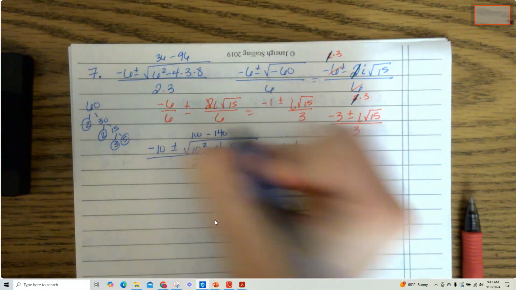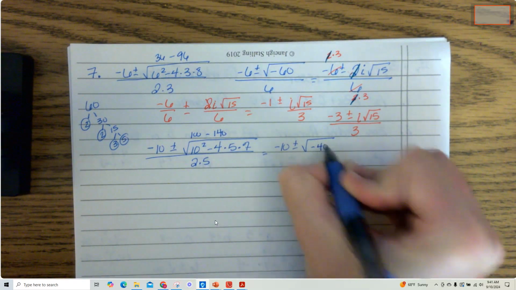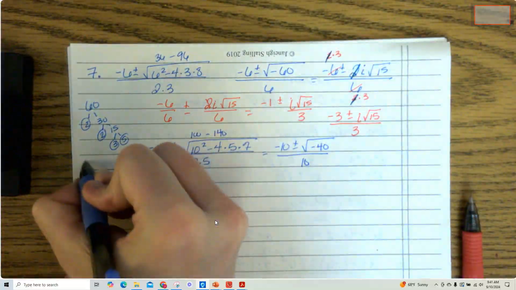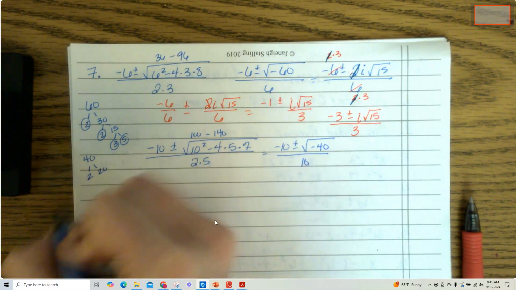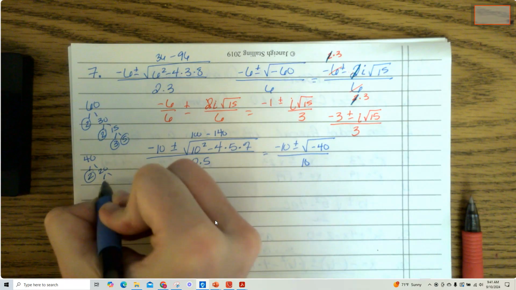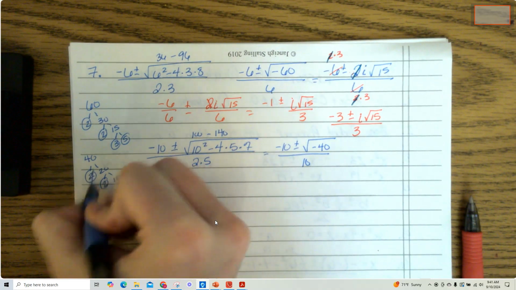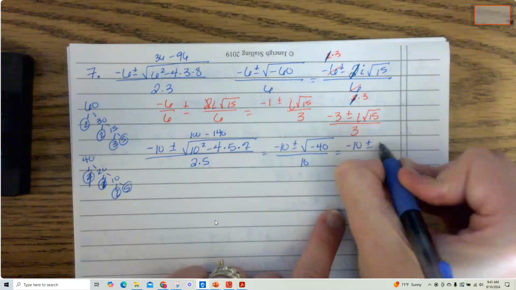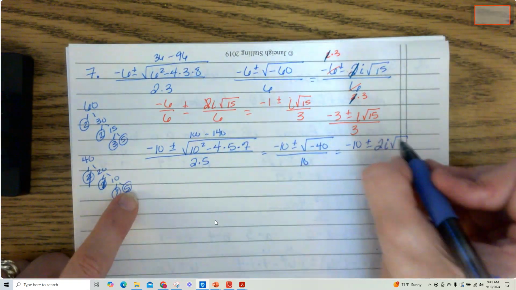Minus 140, which is negative 40 over 10. Okay, so that negative 40 is going to be 2 times 20, 2 times 10, 2 times 5. So the 2's can get pulled out, and we're going to pull the negative out. So pull out a 2, pull out the negative, and I've got a 2 and a 5 left.